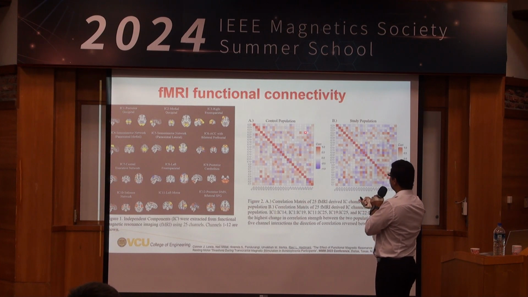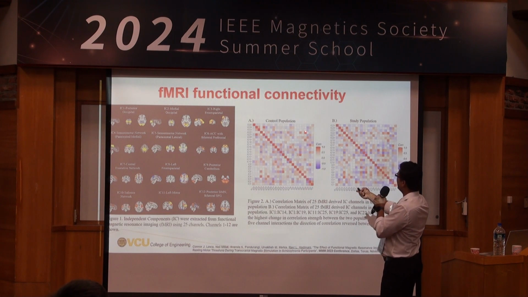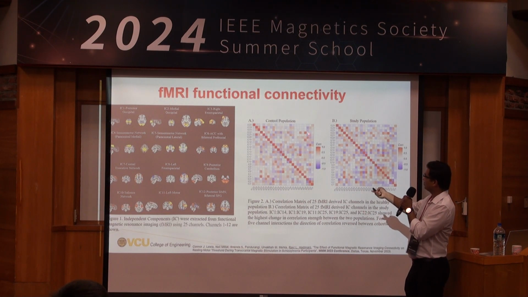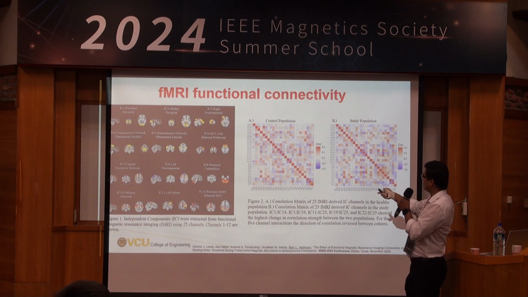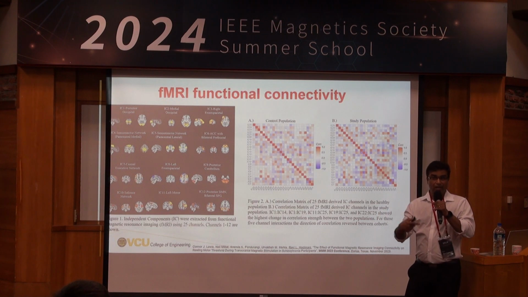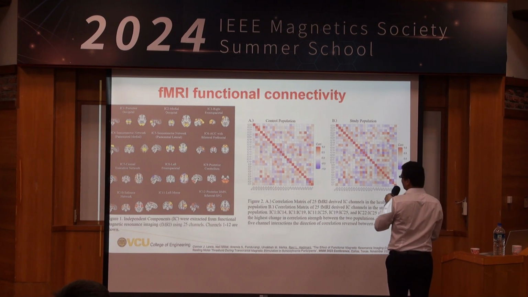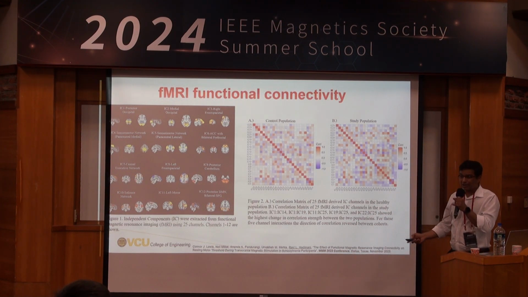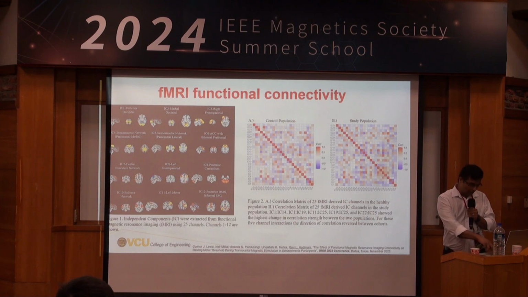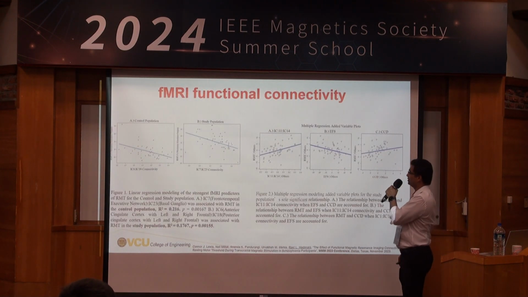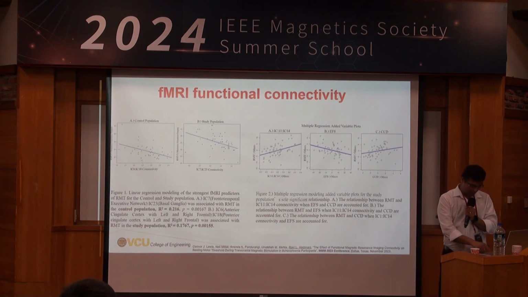But if we look at this one, IC22 to IC3 has a good correlation. That means when you stimulate the IC3 region, you end up making the IC22 region more active. So this is the functional connectivity map, and we looked at how different regions are connected and how these parameters influence the dose of TMS.